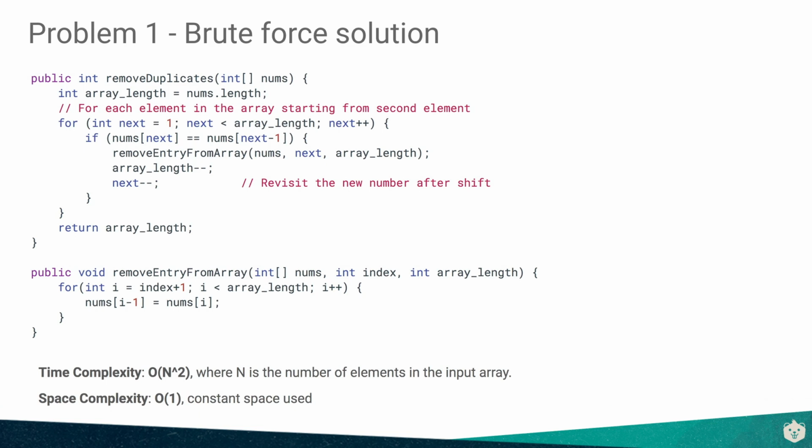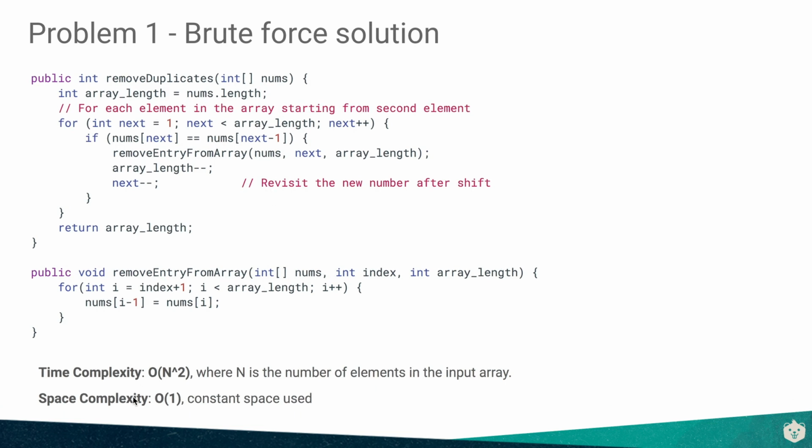So there's another iteration which is related to the length n, the size of the array. So there are two for loops, each operating on the size n. So the complexity here becomes n square. The space complexity is O of 1, because you're not really using any additional space which is related to the size of the array, right?